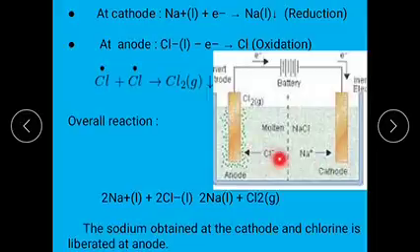The Cl minus ions move towards the anode side and the Na plus ions move towards the cathode side. Then we discussed the reactions at the anode and cathode. Here the sodium is deposited on the cathode and chlorine gas is liberated at the anode.